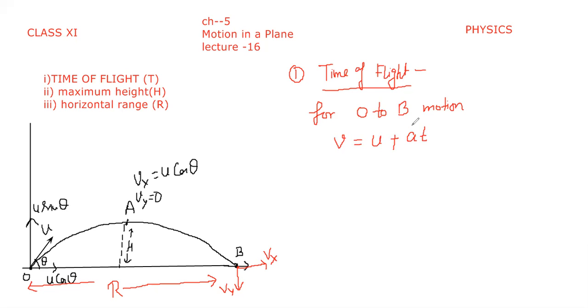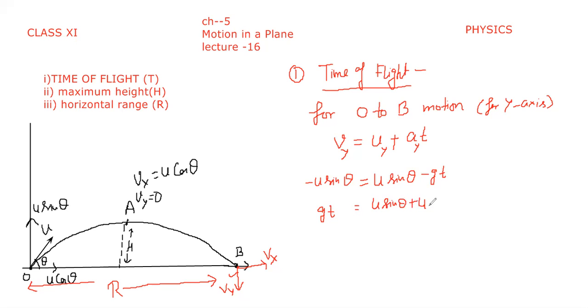For the y-axis, Vy equals Uy plus Ay t. What is the value of Vy? That is minus u sin theta, because the direction is opposite at point B. And Uy is u sin theta, minus g t. So g t becomes u sin theta plus u sin theta.